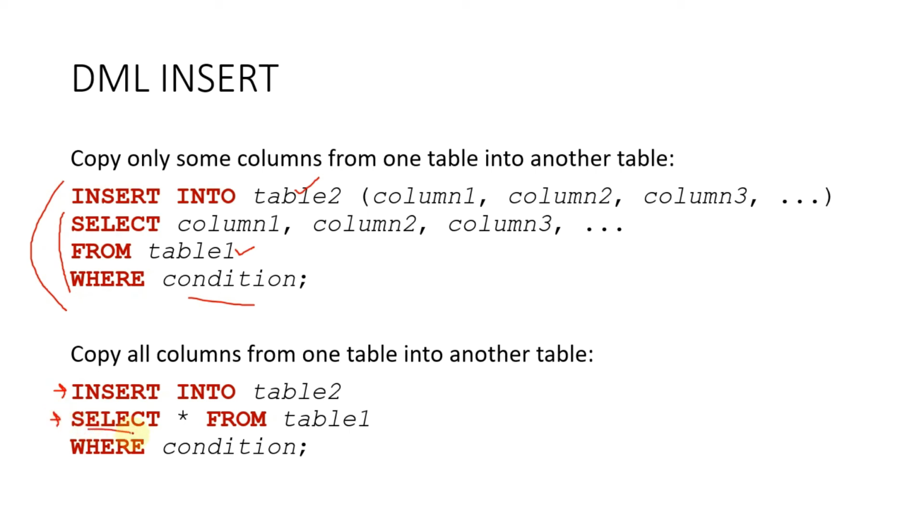So here we will have select inside insert, and this select will select all the attributes from table 1, and if you need all the data, there is no need of a where clause, and if you need particular data according to a condition, for that purpose we must use where.